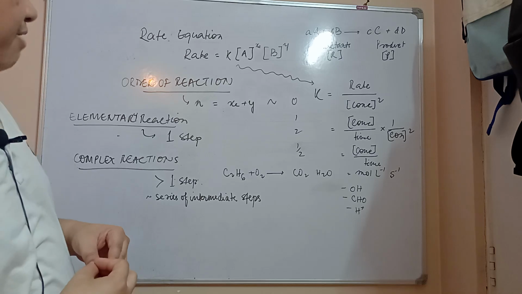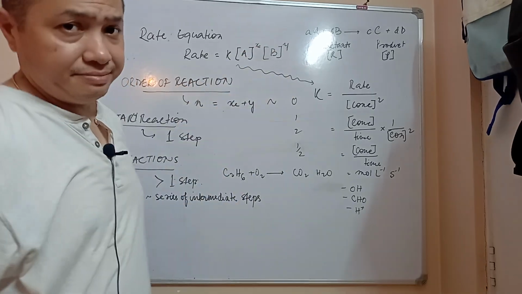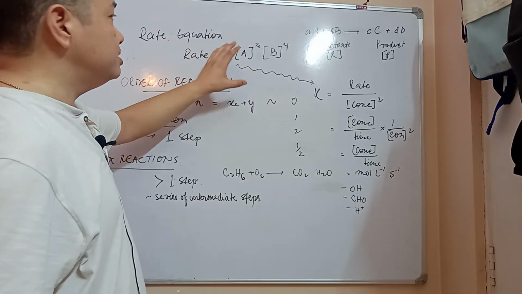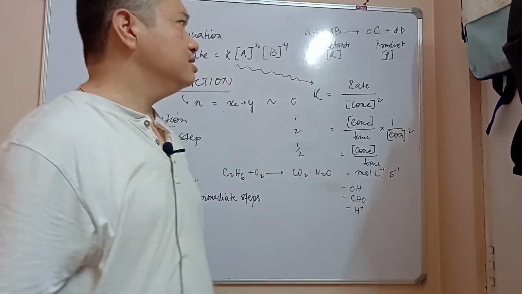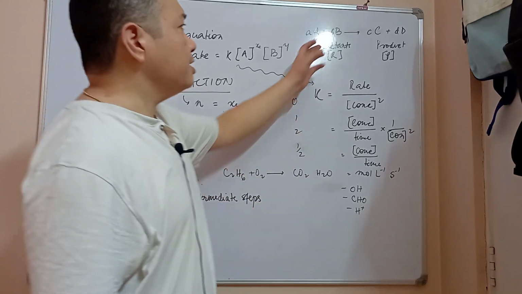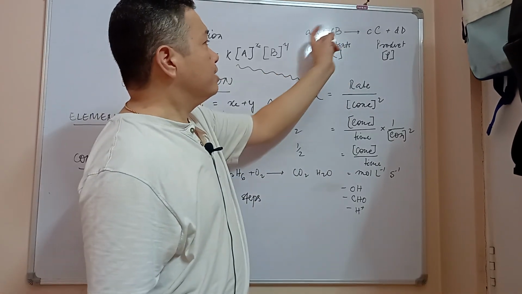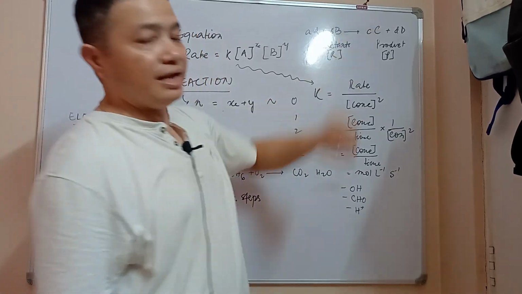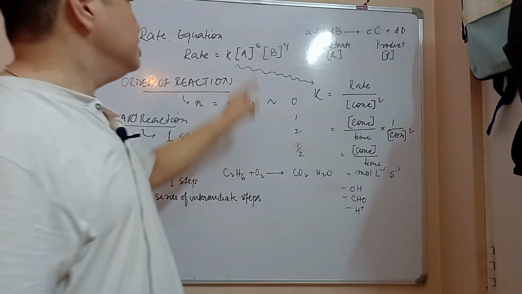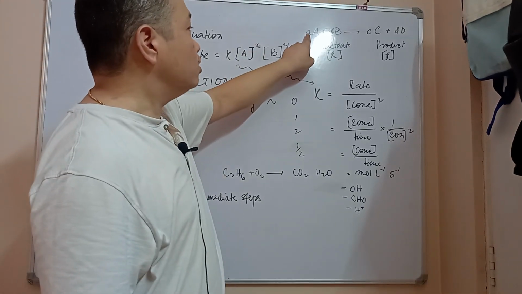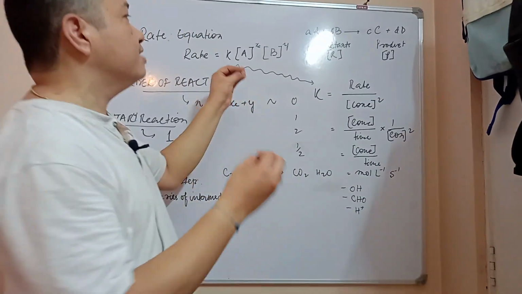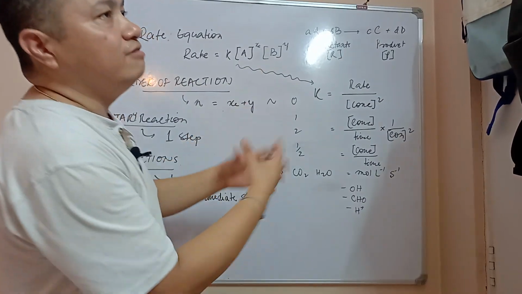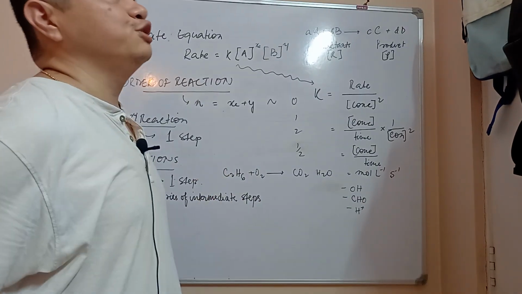One question that arises is: how did you get this power? Now this is not something you get from the general chemical reaction. The general chemical reaction you can write, and you can add the stoichiometric coefficients as you balance the equation. But these x and y are not the stoichiometric coefficients. They are obtained from doing experiments.